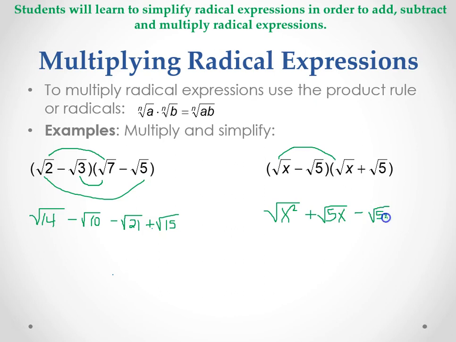And then we've got the square root of 5 times the square root of 5, which is the square root of 25, and positive times negative is negative. So when we multiply this together, the square root of x squared is x. Negative 5x and positive 5x cancel out, minus the square root of 25, which is 5.